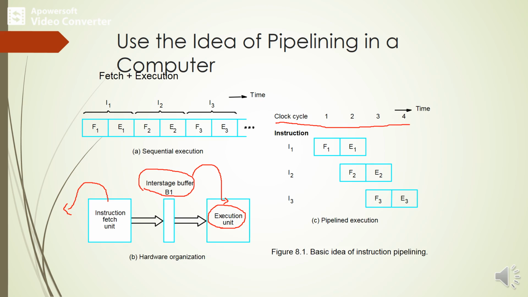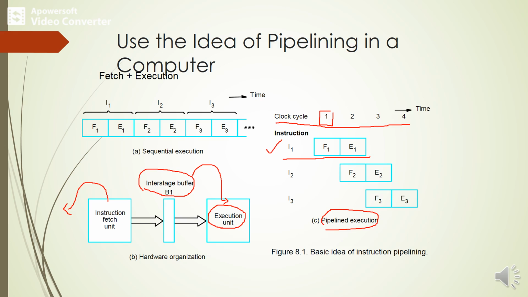The operation of the computer is considered in this example, that is pipeline execution. In the first cycle, the fetch unit fetches the first instruction.